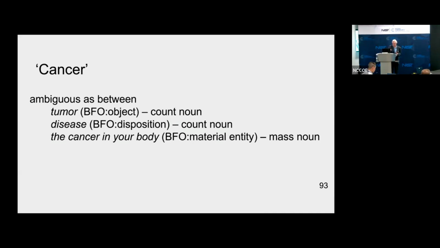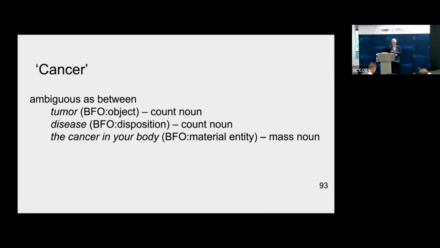And this is cancer as a count noun, where you can say 2 cancers or 4 cancers, because what you mean is 2 tumors or 4 tumors. And then cancer might mean disease, which is a disposition. I'll come to what dispositions are later on, but roughly speaking, it means potentials, tendencies, real physical possibilities. And this is also a count noun. You can have 2 diseases or 17 diseases.